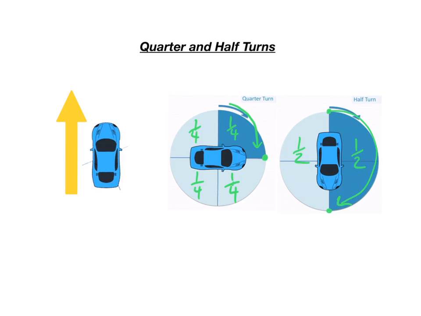So it's facing in the opposite direction. In summary, we can see that this car has performed a quarter turn and a half turn. We can move in a clockwise and anti-clockwise direction using quarter turns and half turns.